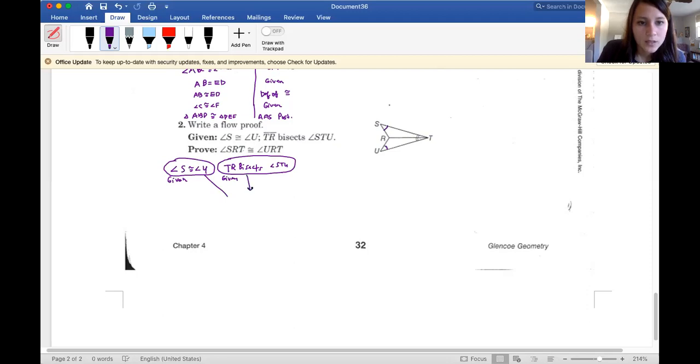Anyway, this now leads to me saying that STR and UTR are congruent because of the definition of an angle bisector. So I'm going to say angle STR is congruent to angle UTR. That's my statement, and the reason is the definition of an angle bisector.